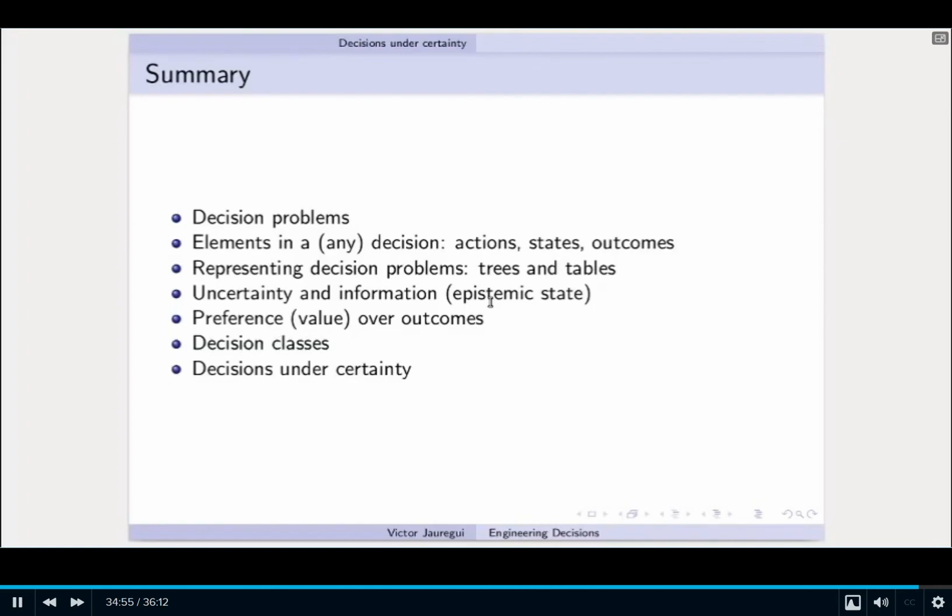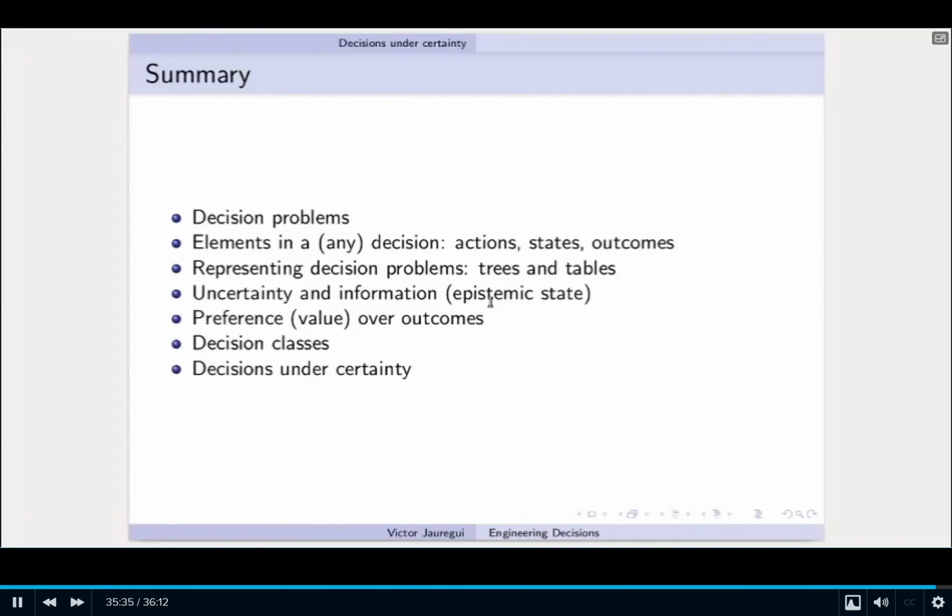We introduced things like preference information and uncertainty information. Uncertainty has to do with our epistemic state, or our state of information, or our beliefs. And preference values express how we feel about outcomes, which outcomes we prefer over others. And we talked about assigning values to this. We'll look at how we go about doing this in more detail later.